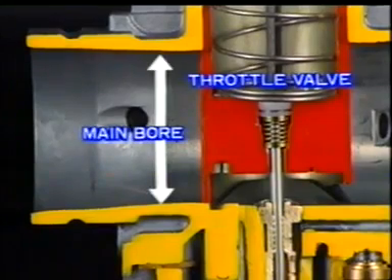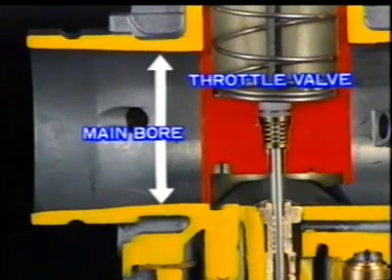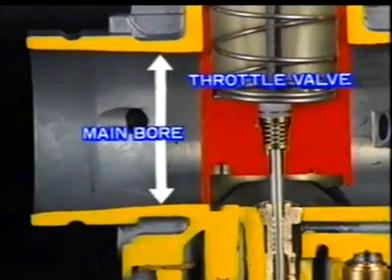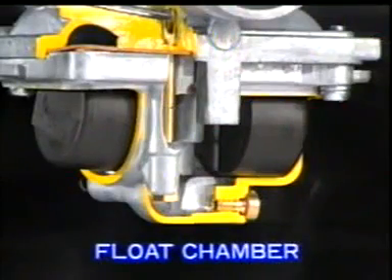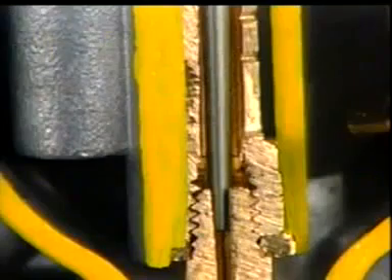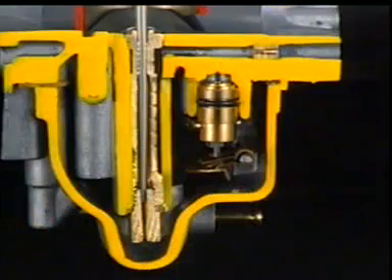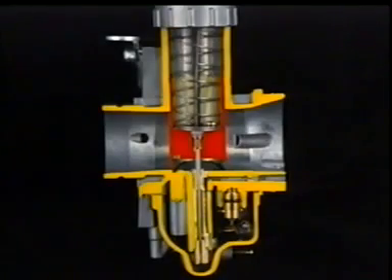Another main component is the throttle valve, which controls the amount of fuel and air by changing the diameter of the main bore. A third is the float chamber, which keeps the fuel at a constant level. Other main parts of the carburetor are the jet needle, which determines the amount of fuel and air used, the various types of jets, and the passages in which they operate.